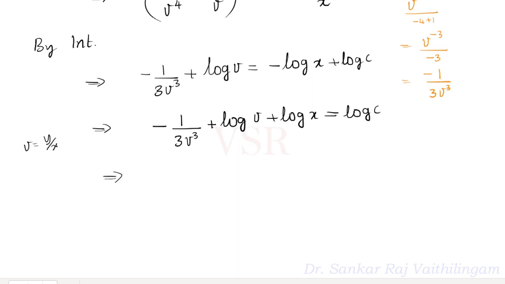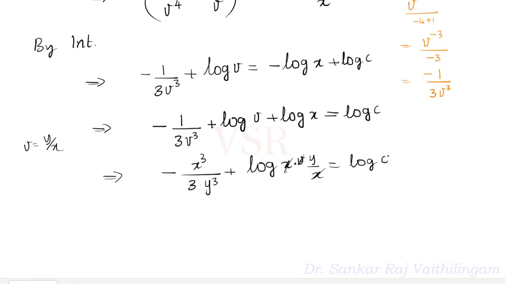Substituting this, in the denominator we have y cube by x cube. Therefore this is x cube divided by 3 times y cube, plus log of x into v. Instead of v I write y by x, so this also cancels, which is equal to log c.